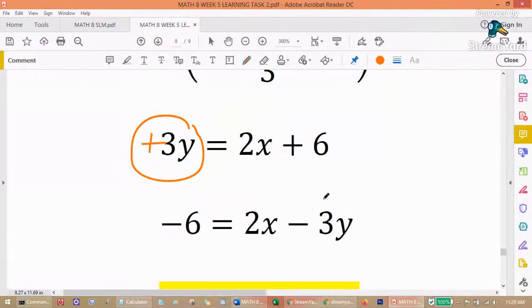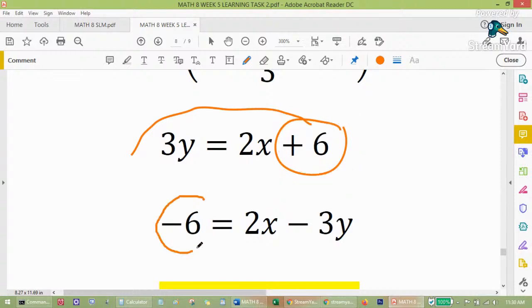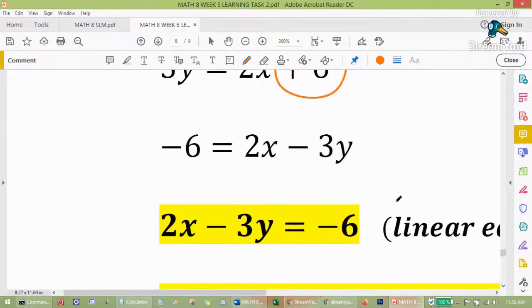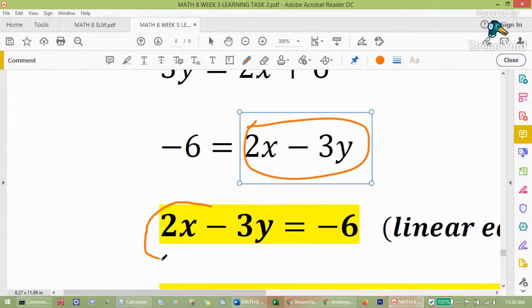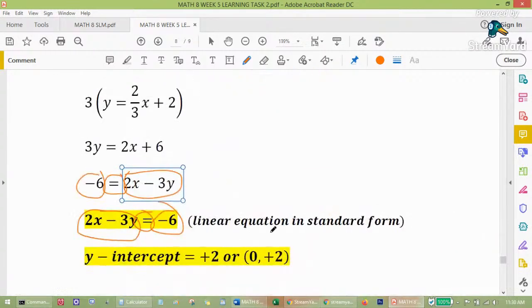So, yung positive ay magiging negative. And then, itong positive 6 na constant, iiwalay natin sa mga letter, ilalagay natin sa kabila. So, positive 6, magiging negative 6. And then, 2x minus 3y is equal to negative 6. Now, that's the linear equation in standard form.